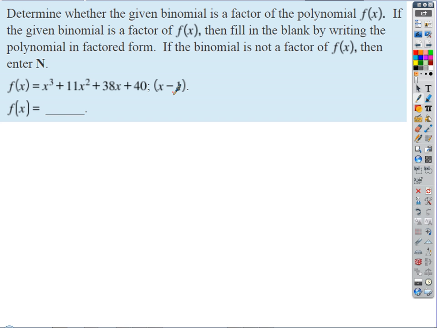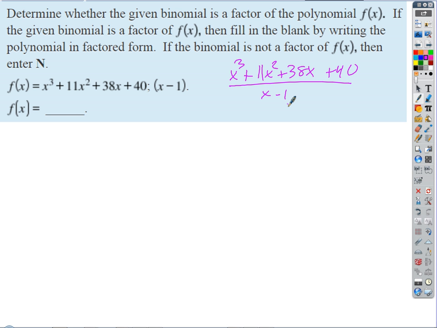So all we've got to do to check this out is see, does x cubed plus 11x squared plus 38x plus 40 divided by x minus 1 work? Do we get no remainder? We've got a couple of ways to do this if we go back to 6.5. We could use long division, right? That's hard. With long division, there's a lot of moving parts and a lot of places to make a mistake.